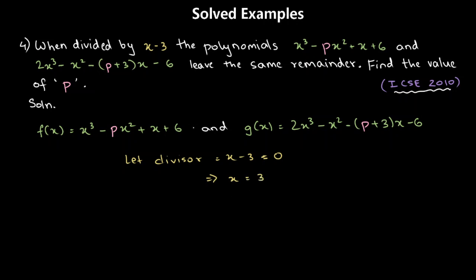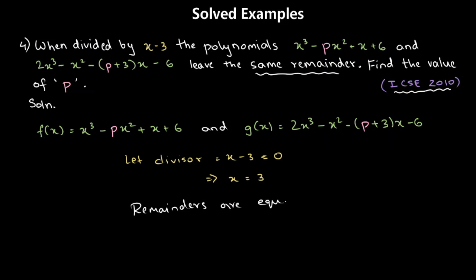Now understand the remainder. In both cases, they have given us one point: they leave the same remainder on division by x minus 3. So I can say the remainders are equal.